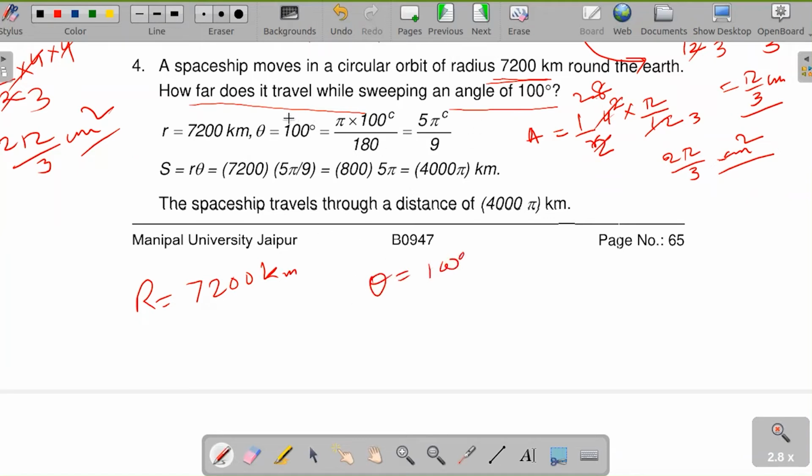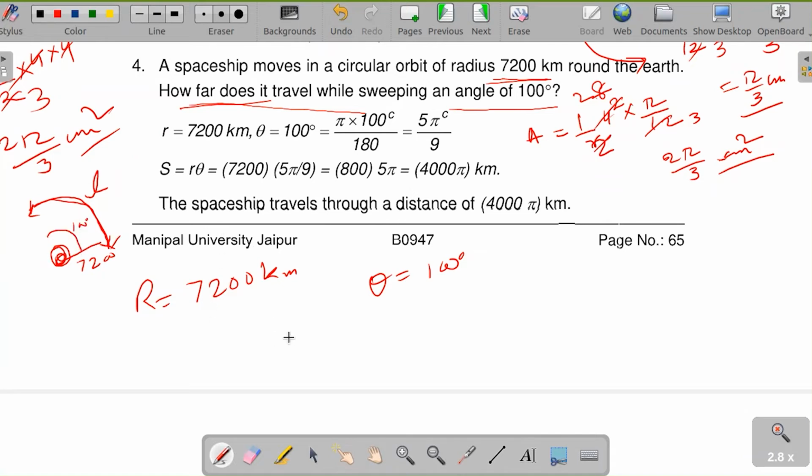So we need to find how far it does travel. If we imagine our Earth here, the spaceship is going like this. So this is arc length we need to calculate, like this line from here to here. And radius is 7,200, and this angle is given 100 degree.